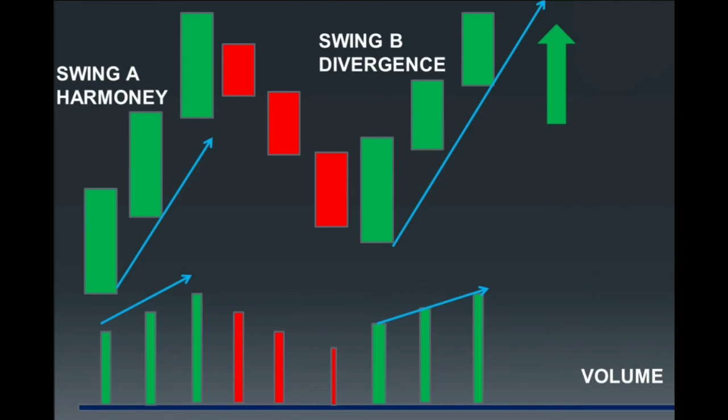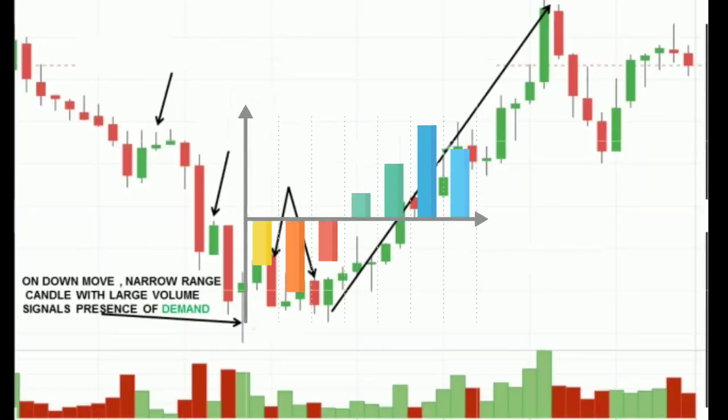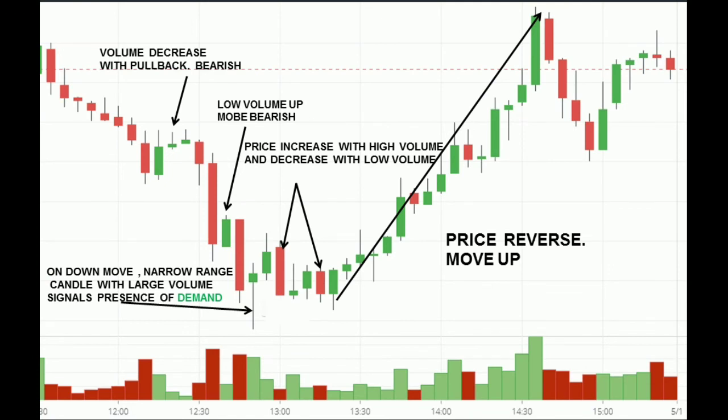Volume helps us to determine the health of a trend. An uptrend is strong and healthy if volume increases as price follows with the trend and decreases during retracement or pullback periods. Let's get into the details of divergence in volume analysis.